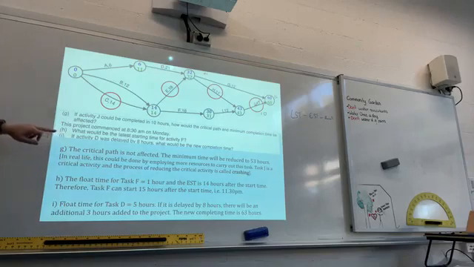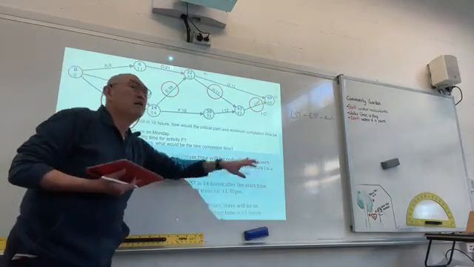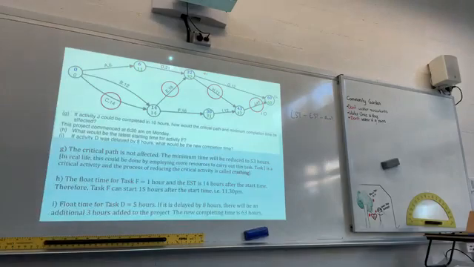Okay, here I've made a comment. In real life this could be done by employing more resources to carry out this task. Task J is a critical activity, and the process of reducing the critical activity is called crashing. The word crashing, just for your information.